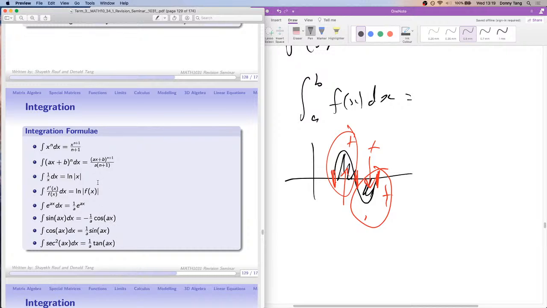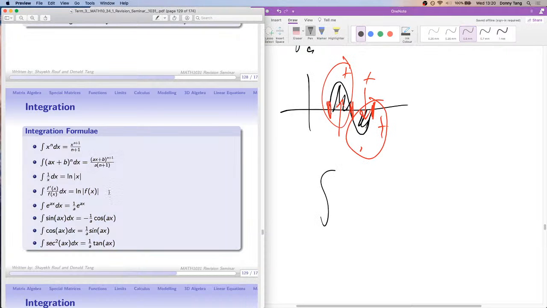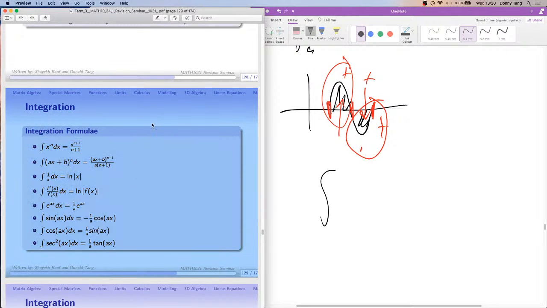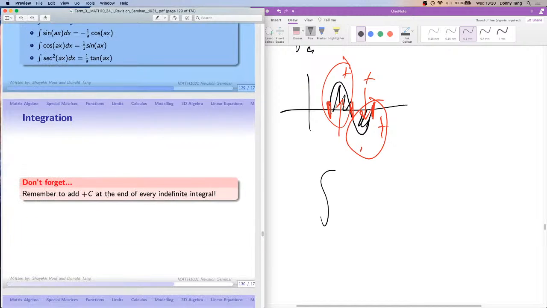Don't look at the 50 formulae and try to match the integral up with one of these, because there's a lot of them and you're going to miss some most definitely. So yeah, have these memorized.